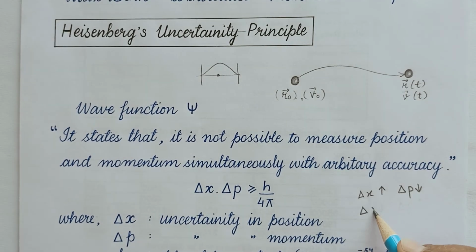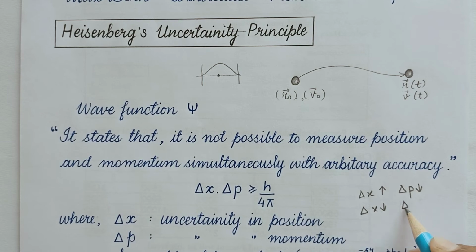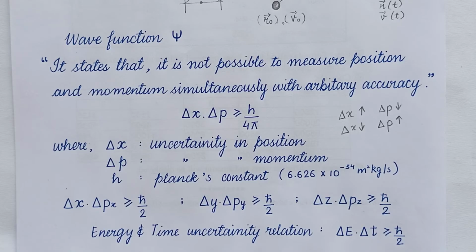And the less you know about its position, the more you know about its momentum. So suppose a particle is localized at position, say del x, then there would be del px amount of uncertainty in its momentum.